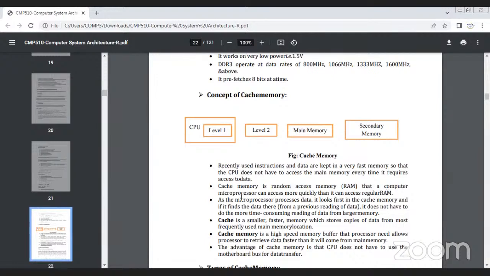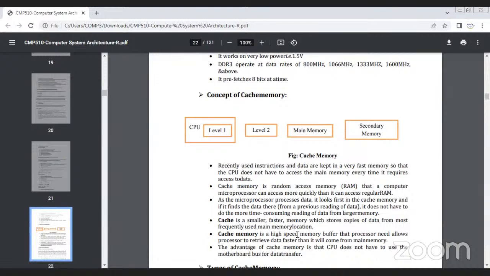Okay, cache memory is a faster, smaller memory which stores a copy of data from most frequently used main memory locations. जो भी डेटा मोस्ट फ्रिक्वेंटली यूज होता है वो डेटा उस मेमोरी में स्टोर होता है। जो मेमोरी फास्टर है, स्मॉलर है, उसे हम कैचे मेमोरी बोलते हैं। ओके, cache memory is a high speed memory buffer that the processor needs, allows processor to retrieve data faster than it will come from main memory.